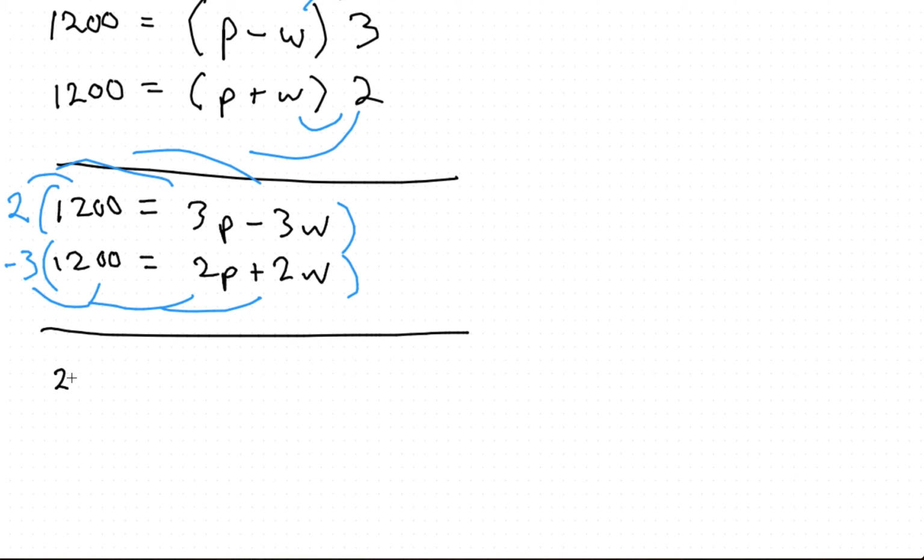So that'll be 2400 equals 6p minus 6w. And then what's the next one? Negative 3600, and we'll get negative 6p minus 6w.